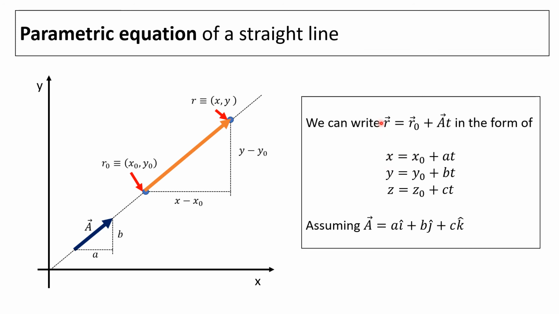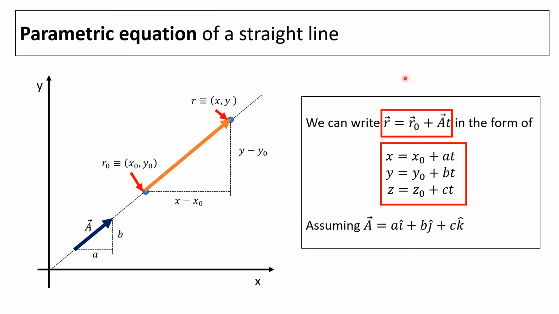So here x, which is the coordinate for the point r here, is going to be equal to x0, which is this point, plus a, small a, times t. So small a is basically the component for the vector a along the x direction. So similarly, this is the case for y and z. So right, this is our parametric equation.